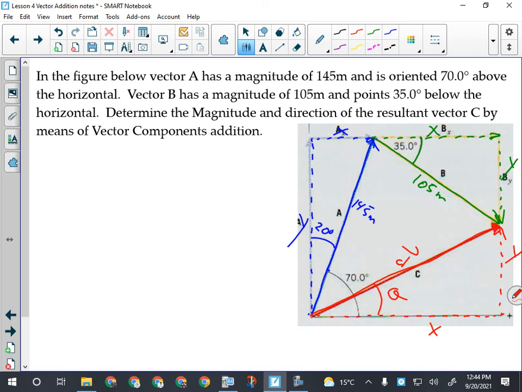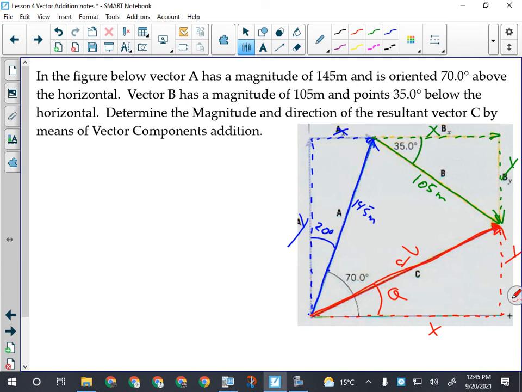Okay. So how will I go about getting red x and red y? The answer is I use the two vectors that I do have information for, right? I use the blue vector and the green vector in order to figure out how far over blue x plus green x and how far up blue y plus green y it goes in total, and then I'll have the two sides.